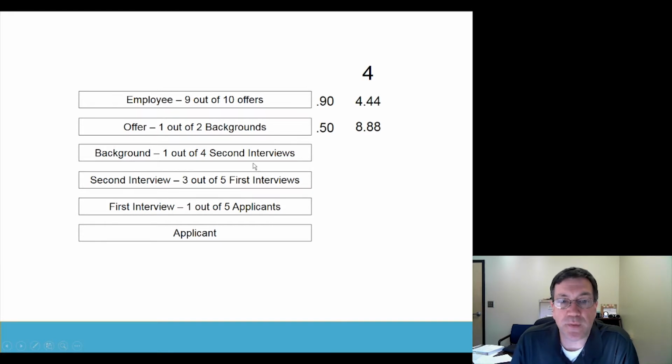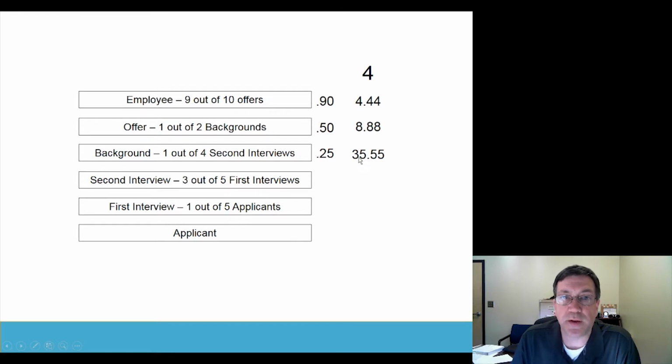How many background checks do we need to do? If we take our 8.88 and apply a 0.25 relationship, which is a 1 out of 4, we're going to take that number and divide by 0.25. That means that at this stage of the process, we've got to have about 36 people, so that mathematically, as we move forward, we're going to end up with 4 total.